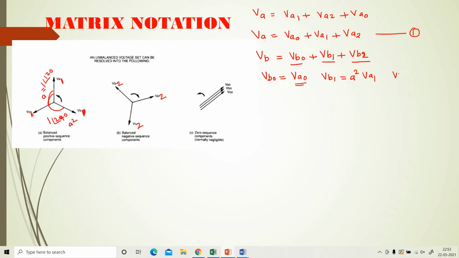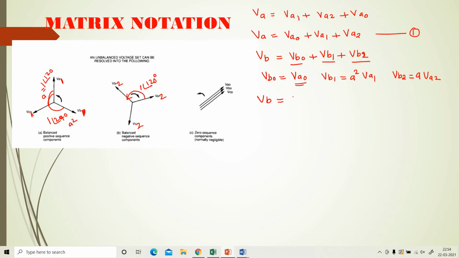And next, what is VB2? How to write VB2? VB2 equal to a into VA2, 1 angle 120. So how to write VB now?